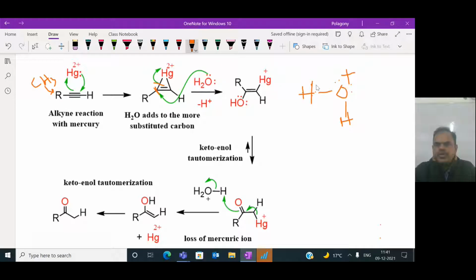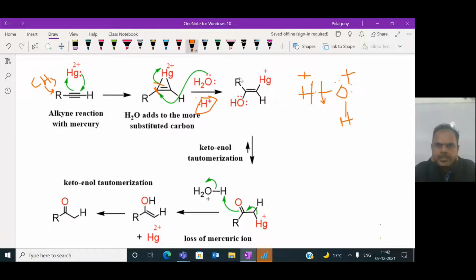To compensate this positive charge, the sigma bond is converted into a lone pair, and the proton is lost. So water loses the proton, and OH is added to this carbon. Now look at this carbon holding the OH, with the mercurous ion present here.